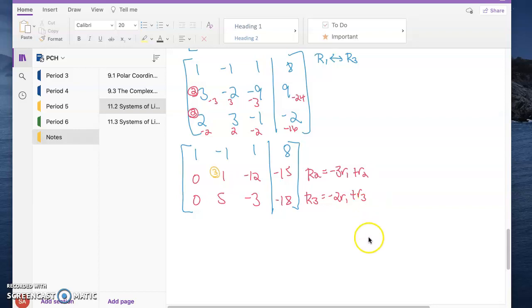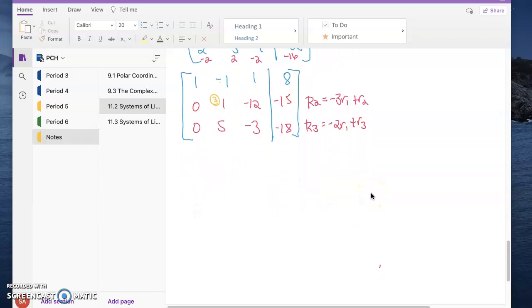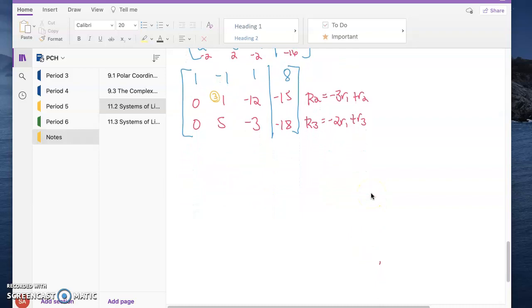I happen to have a 1 in that middle position along the diagonal, so that actually saved me some work. So now I'm going to create a 0 below and above that 1.